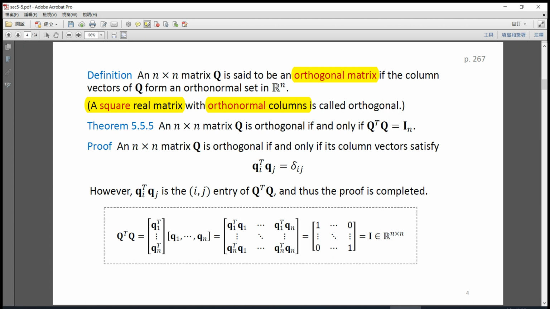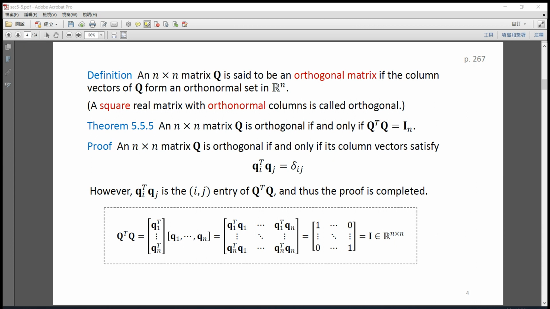If a matrix is not a square, but with orthonormal columns, then we will not call this matrix an orthogonal matrix, because the name orthogonal matrix is only defined for square matrices with orthonormal columns.